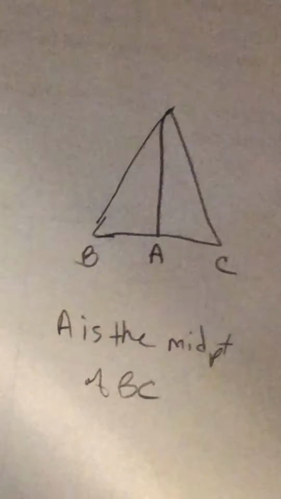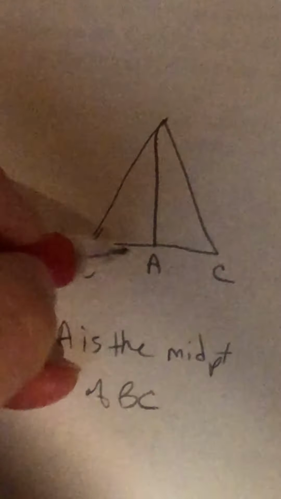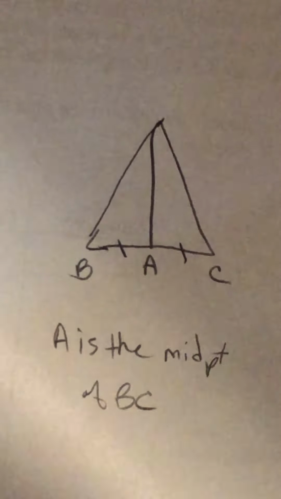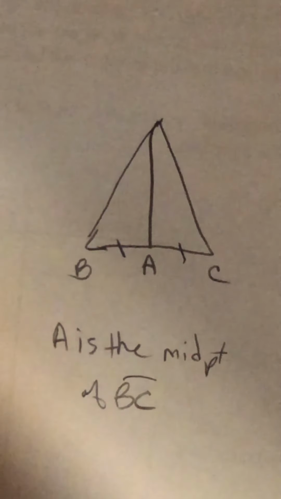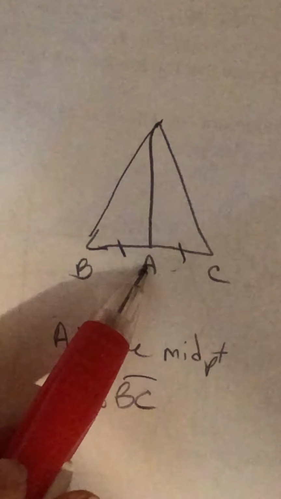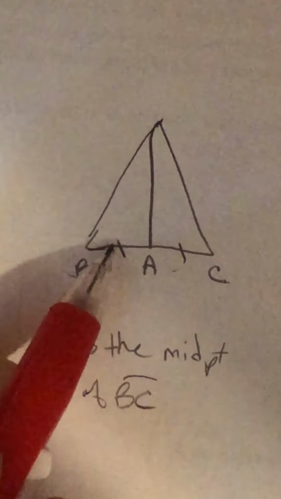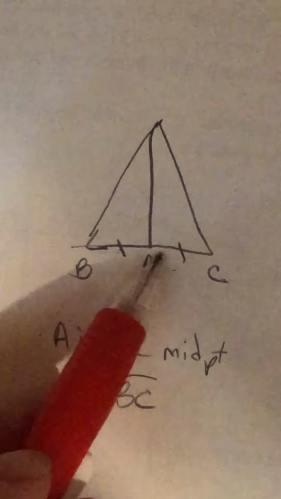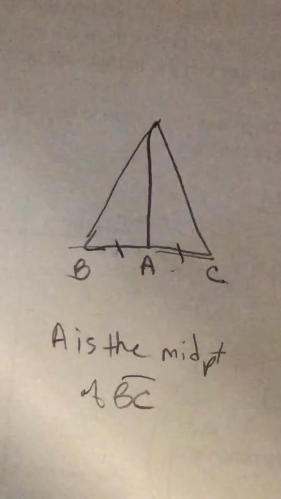I just want to give you a heads up. So what does that mean? That means on your two triangles, this piece is going to be equal to that. And so then you could write BA is congruent to AC. And in your two triangles, you're picking out this side of this one on the left and this bottom side of the triangle on the right. That's what we're going to do.